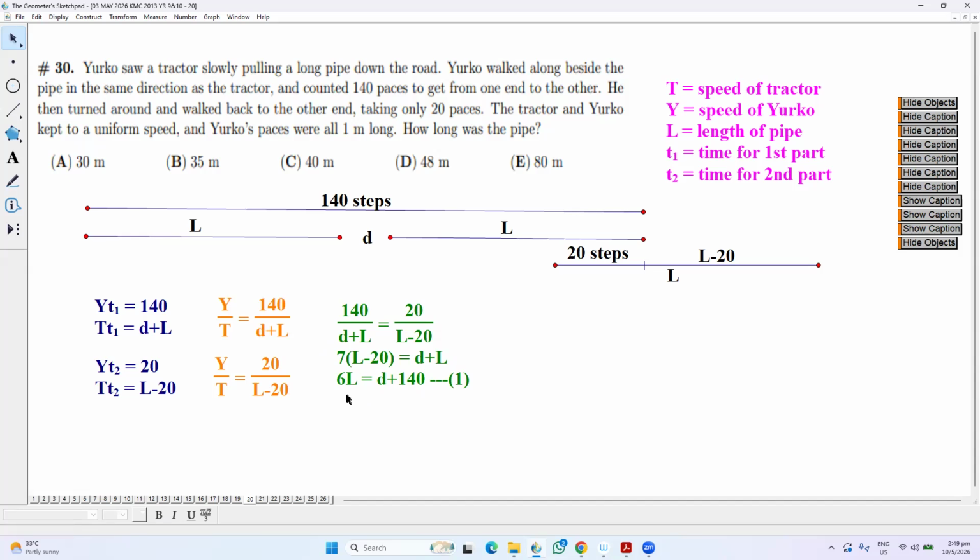You know how to use this equation because at the very start, you may have realized you already know this distance, 140 steps. D plus 2L is 140, so we can solve.